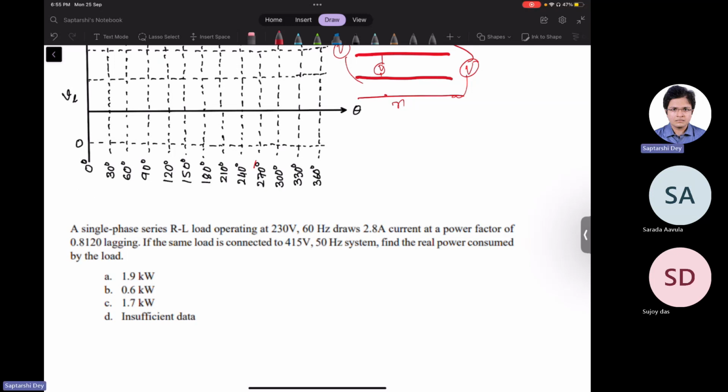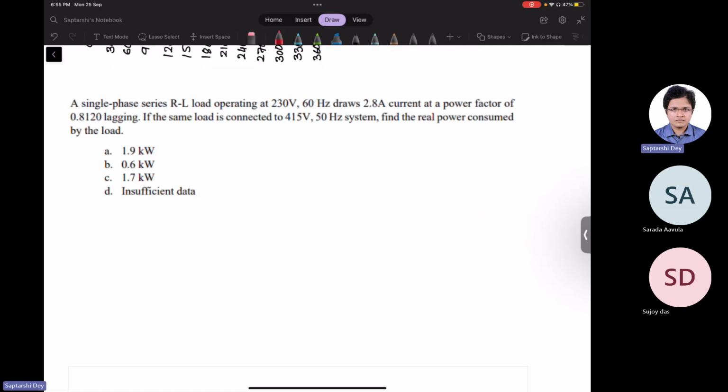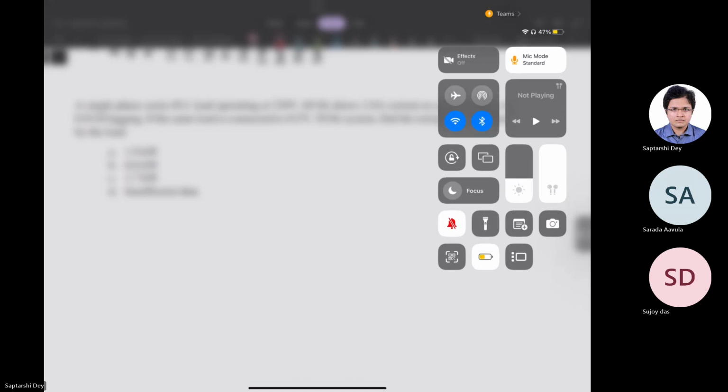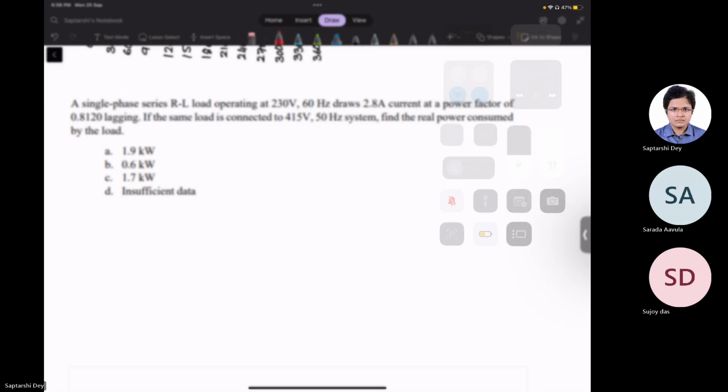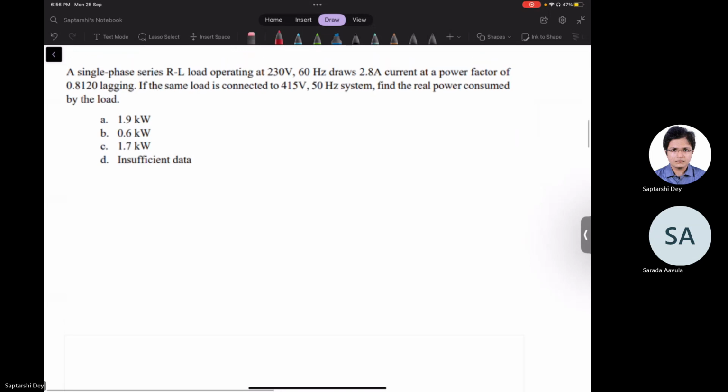So basically, the data that we have been provided with, that should be able to give us the load information, the whole load parameter which we should be able to get, R and L. Now, it draws 2.8 ampere current at 230 volt.